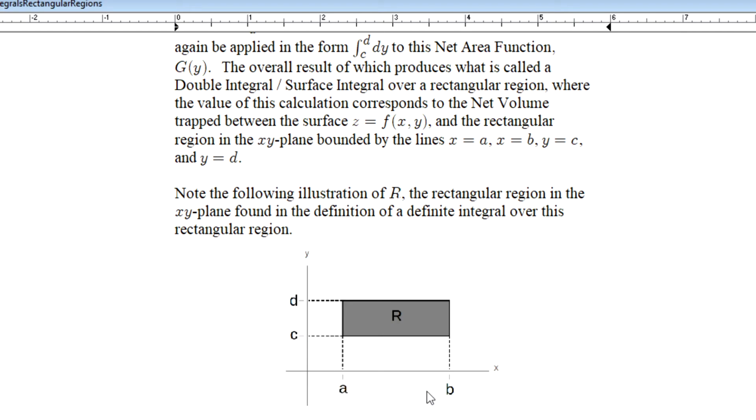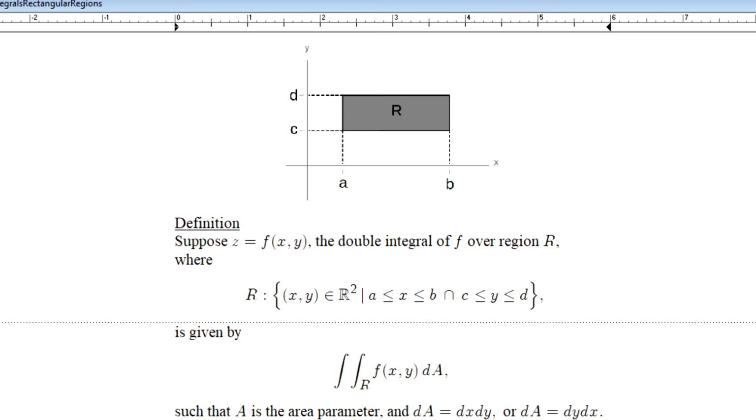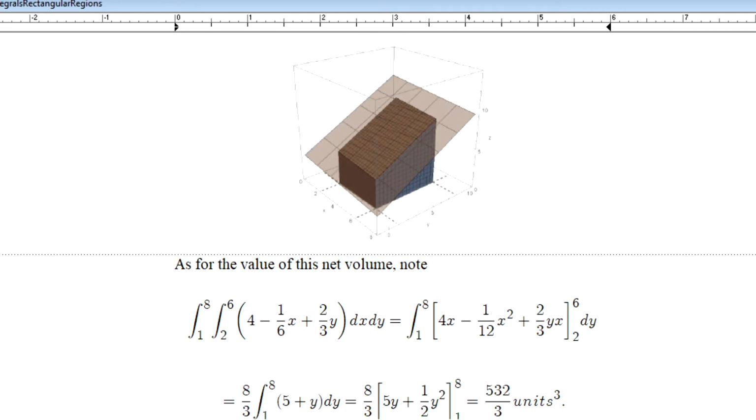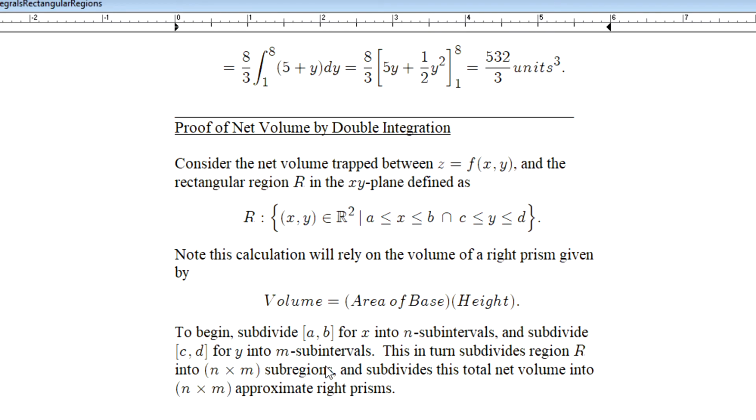If I subdivide this into 10 intervals, and I subdivide this into 10 subintervals, that's going to subdivide R into 100 subregions, 10 times 10 of them. So what we note is we state that in the proof: this in turn subdivides region R into n times m subregions.